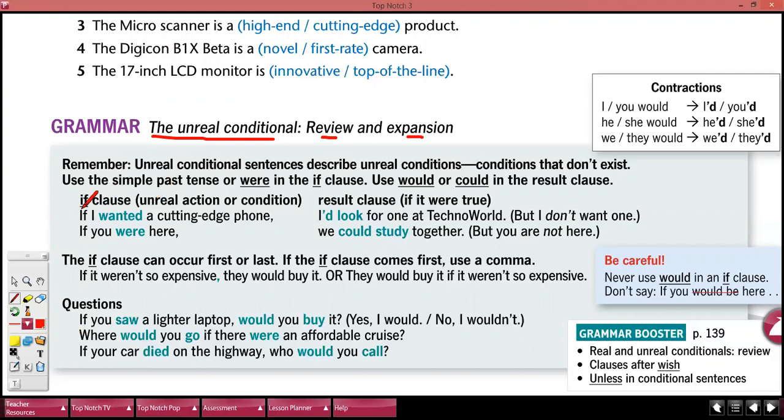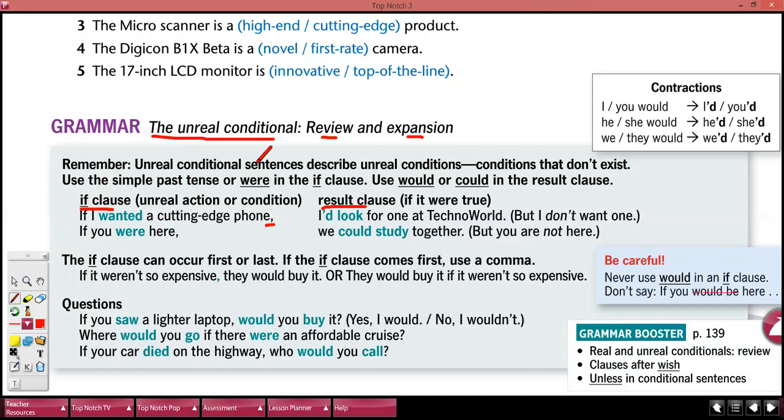If you have the if clause first in the sentence, you put a comma when you start the result clause. You can have it the other way around. You can have the result clause first and the if later. But if you decide to do it that way, you don't use a comma. So that's one of the very basics of conditionals.